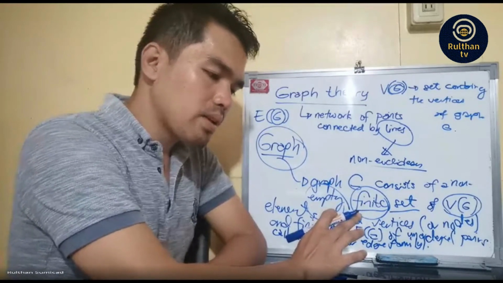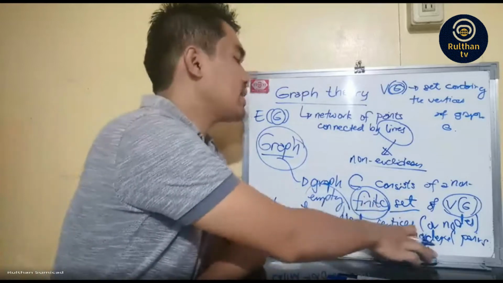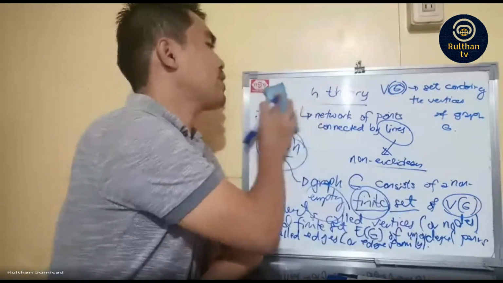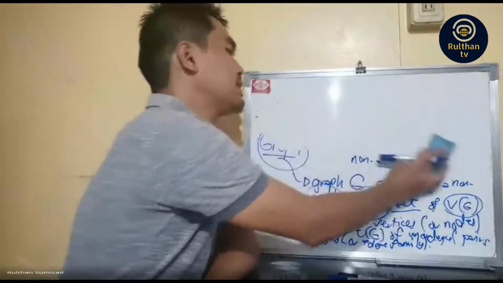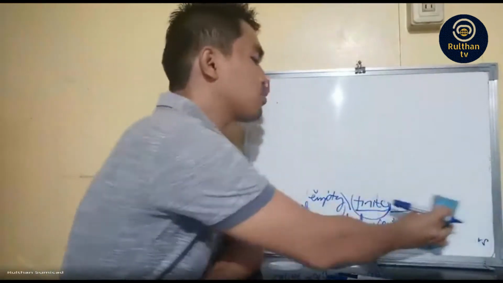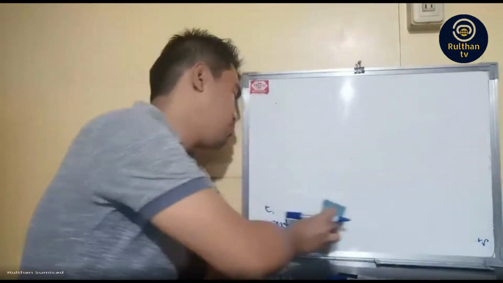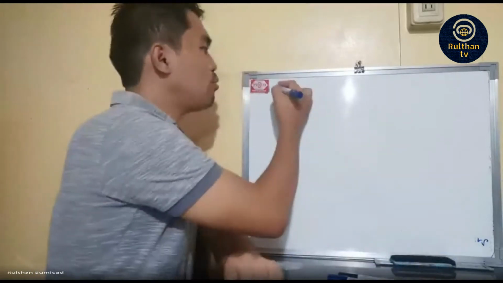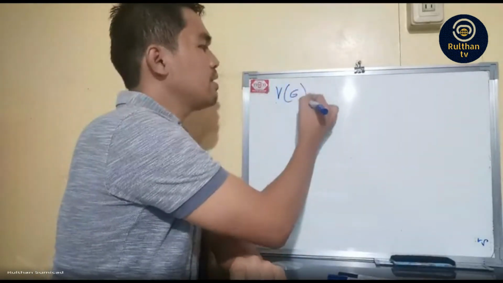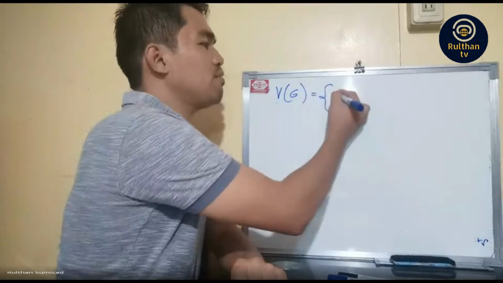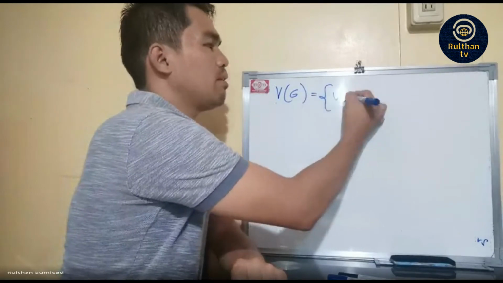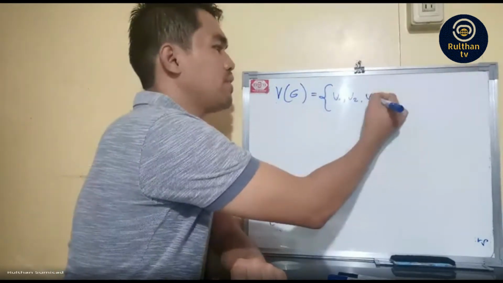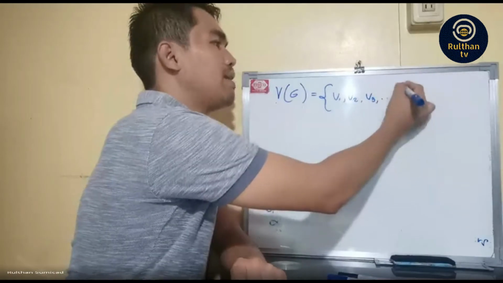So if we're going to write it in this notation, since it is a set, I'm sure we discussed already how we would write a set. So V of G is simply the collection of V1, V2, V3, ellipses.